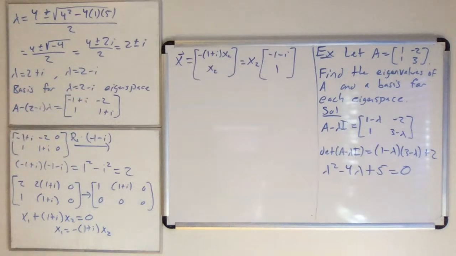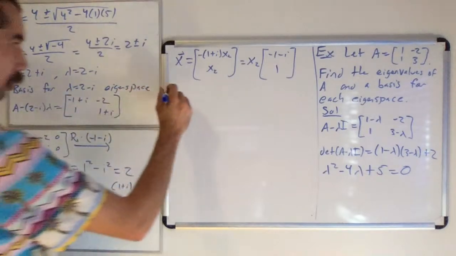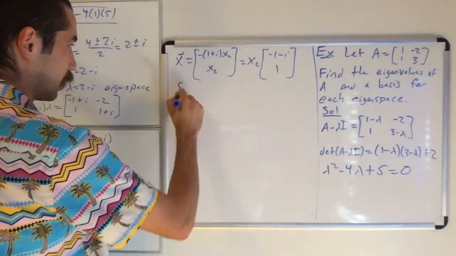Okay, before we move on to the next part, which is doing the same thing but for lambda equals 2 plus i, feel free to ask any questions, and also maybe get started on this part. So the basis would just be this vector.